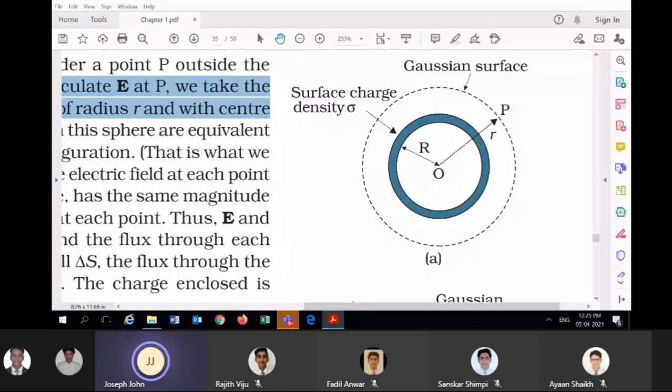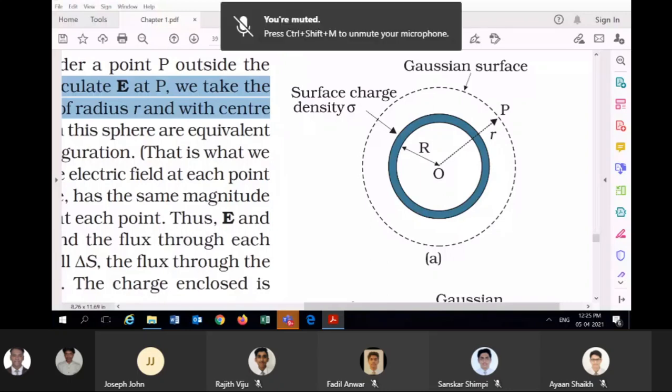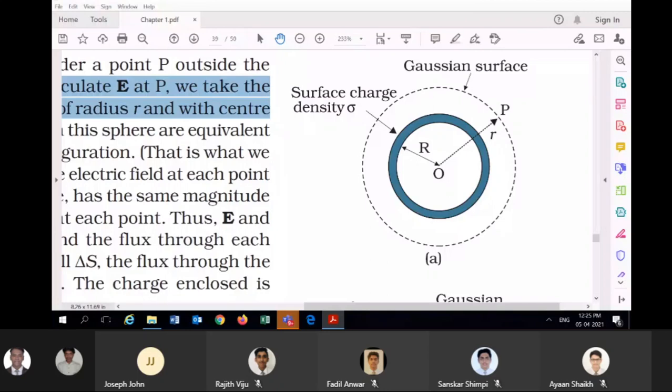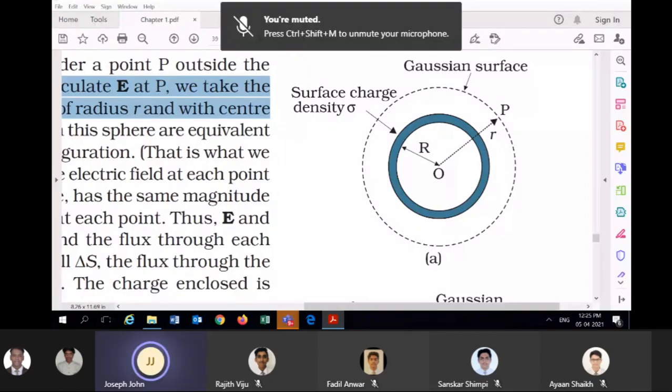Figure A. The Gaussian surface is the dotted line, okay?